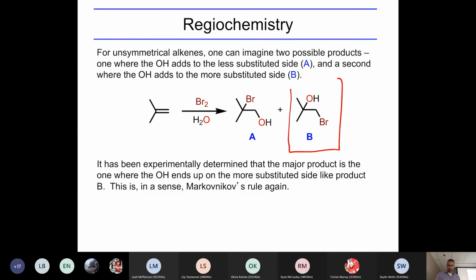That means B is going to be the major product and not A. So it's kind of like Markovnikov's rule, where the thing that adds first goes to the less substituted side, and the thing that adds second goes to the more substituted side. And we're going to look at why this is the case.